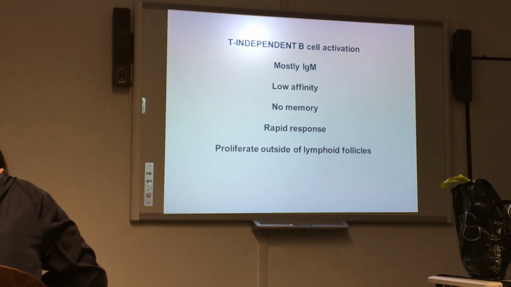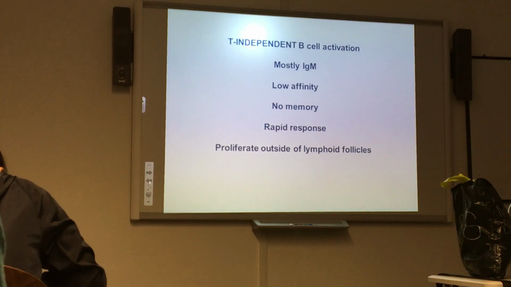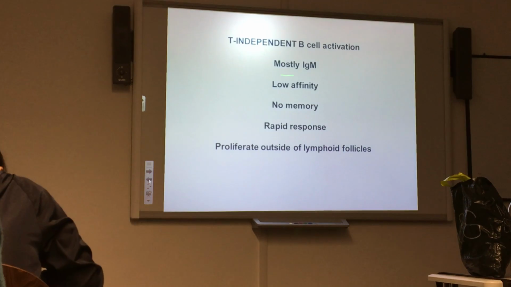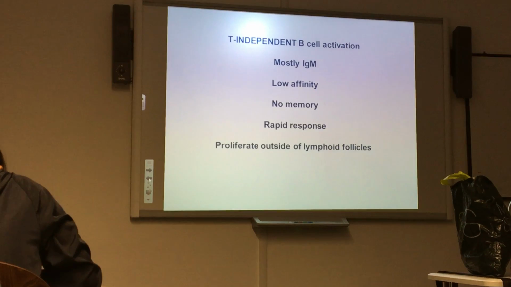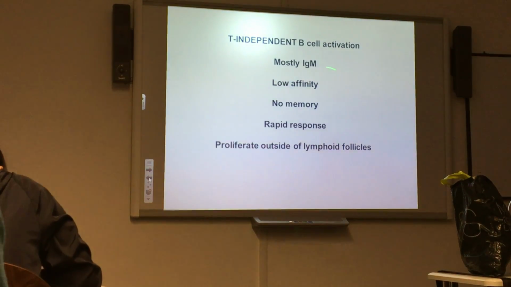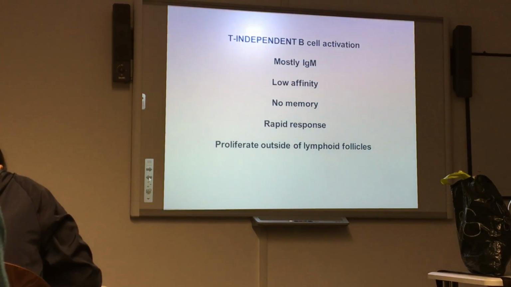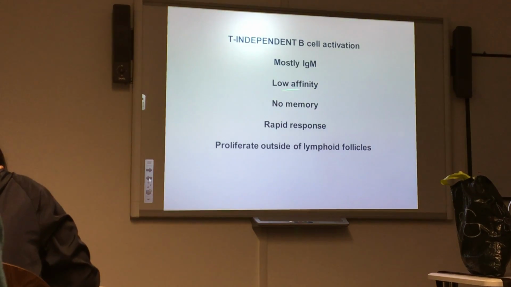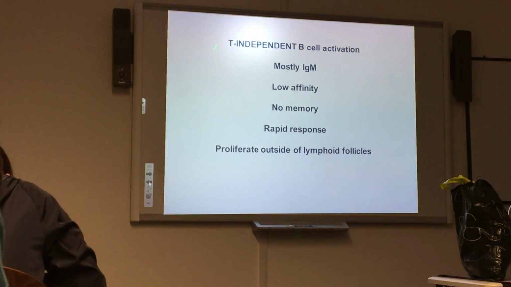What are the main characteristics of T-independent B cell activation? The plasma cells will produce the IgM isotype because they didn't meet T cells. Therefore, they will have low affinity because they don't have affinity maturation, and the effector plasma cells will not have memory because they didn't meet T cells.